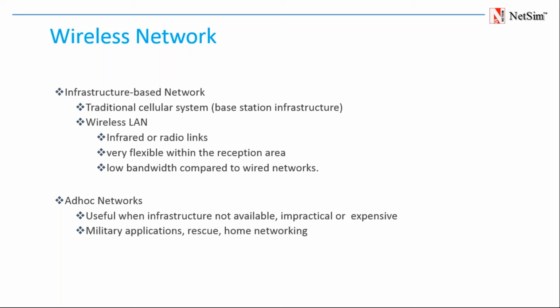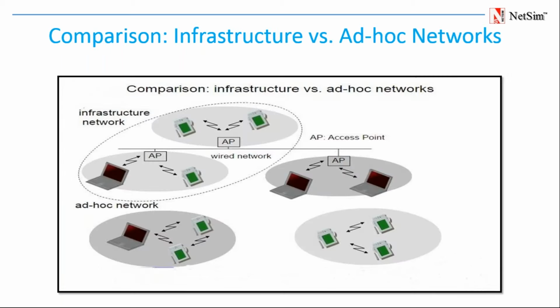Though these are very flexible within the reception area, they have low bandwidth compared to wired networks. Then second is ad hoc networks, which are very useful when infrastructure is not available or in very impractical situations. It can be used for military applications, rescue operations, home networking, and many other areas. We will cover that in the application part.